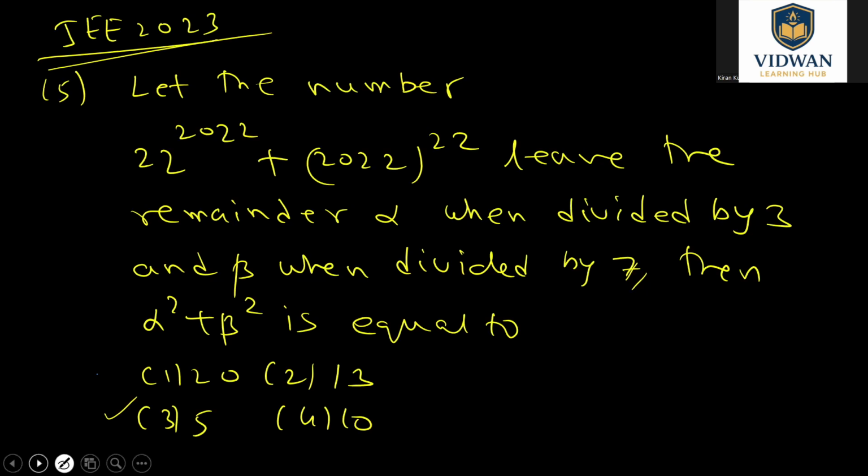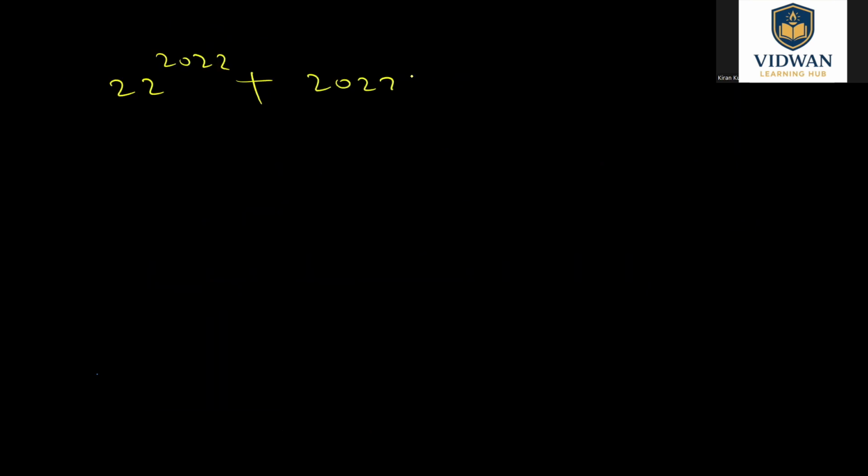So 22 power 2022 plus 2022 power 22. If you are checking divisibility with 3, you can write this 22 as 21 plus 1, because 21 is divisible by 3. 3 sevens are 21. So power 2022. And already 2022, the sum of its digits is 6, so it is divisible by 3.